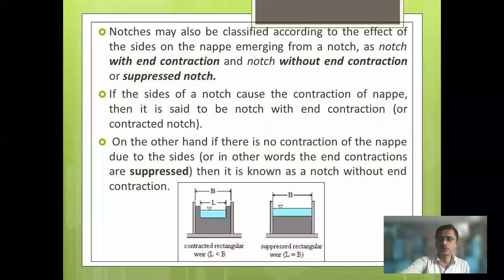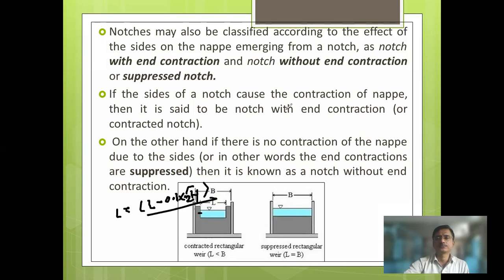Two end contractions are provided. If there are end contractions, our formula will be different. Just like in the Francis formula we have seen, the length is reduced by 0.1 into n into capital H, where small n is the number of end contractions. If there are two end contractions, we multiply 0.1 by 2. That much length will be reduced, right?